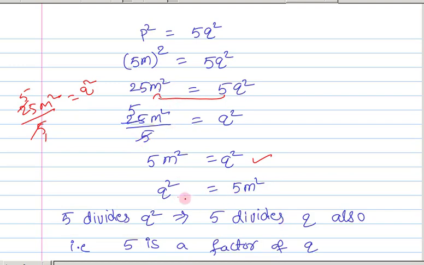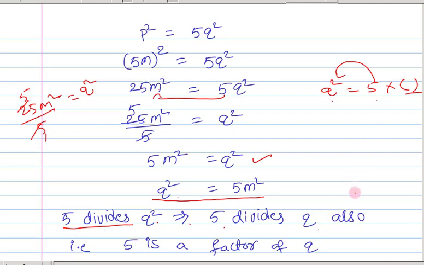Here you need to understand that I wrote q square as 5 into something. That means q square is a multiple of 5, so 5 divides q square. As 5 divides q square, then 5 divides q also.